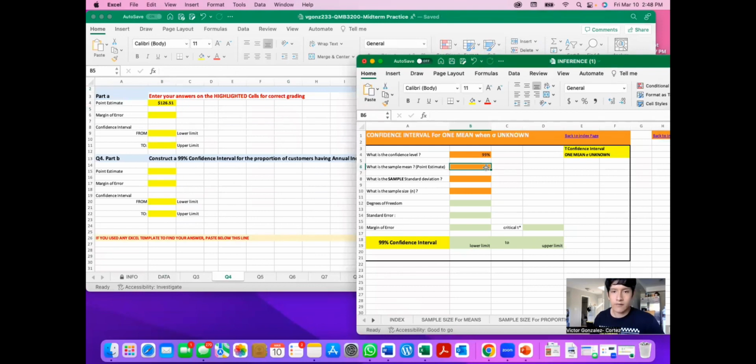So we take that average and we can plug it in to our template for point estimate. And then what is the sample standard deviation?